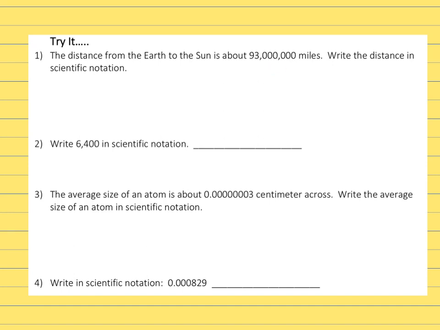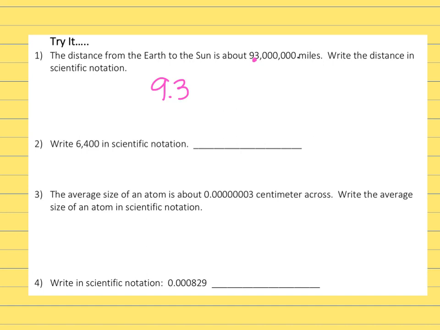The first thing I need to do is put the decimal point in the location so that the number is less than 10 and greater than 1. So if I put a decimal point between the 9 and the 3, that would fit the first rule. Now I need to count the number of spots I would move the decimal point to make that happen.